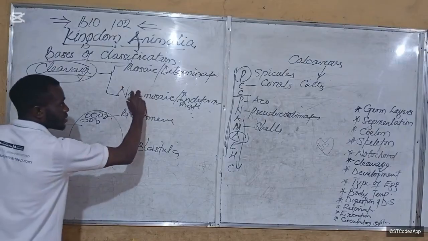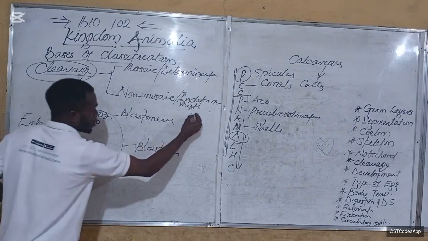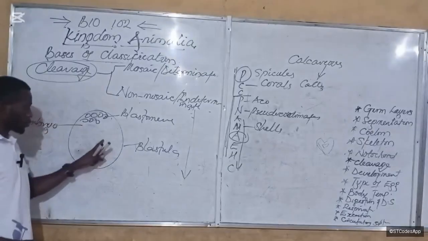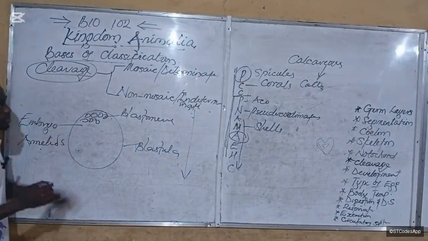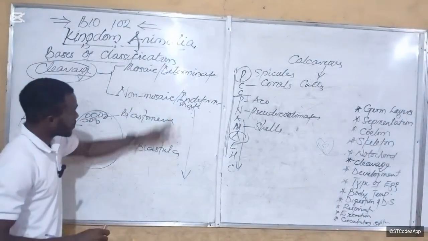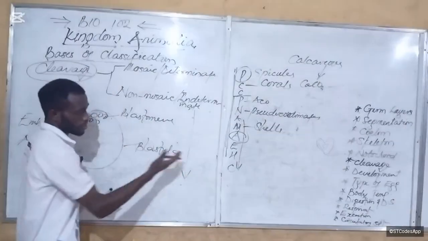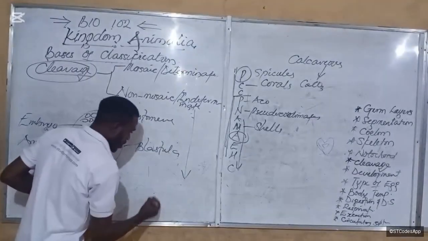So that is the mosaic cleavage. Then the non-mosaic or indeterminate cleavage is the one that occurs with us. The mosaic cleavage occurs in annelids. The non-mosaic cleavage occurs in mollusks and chordates, especially.